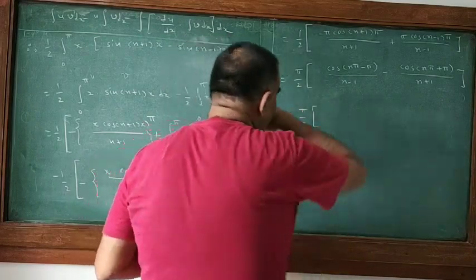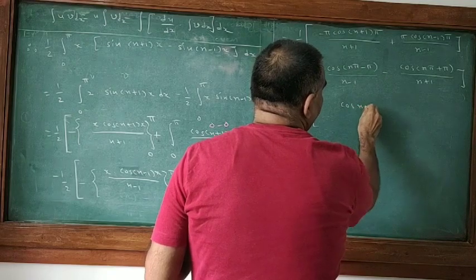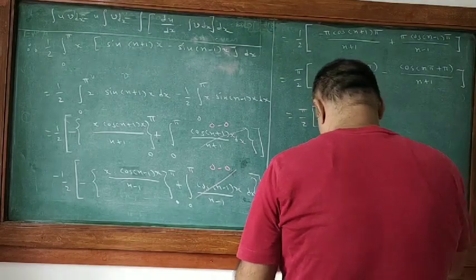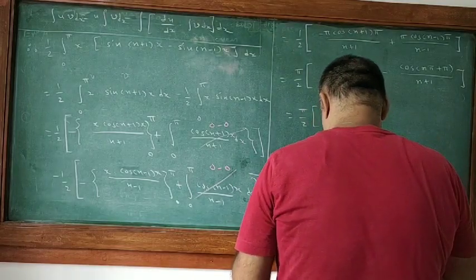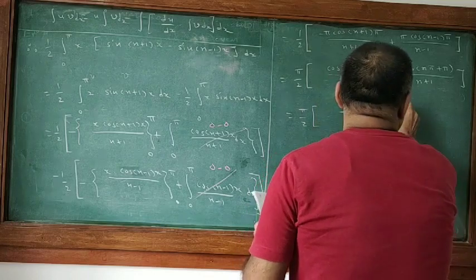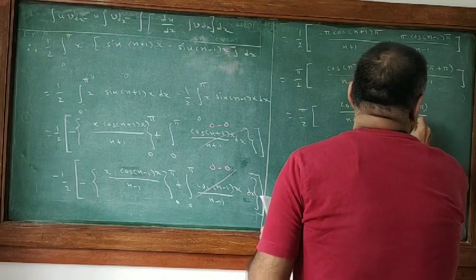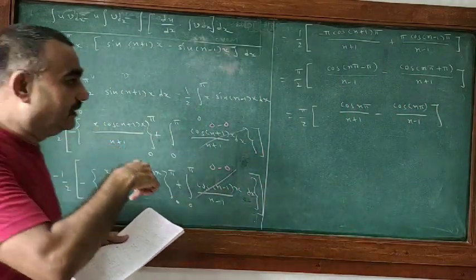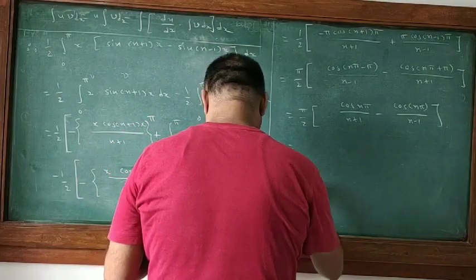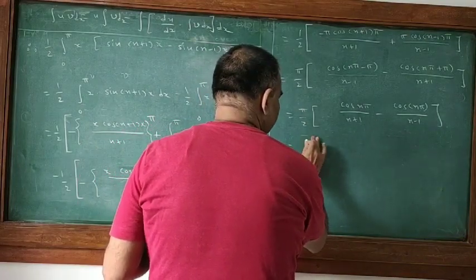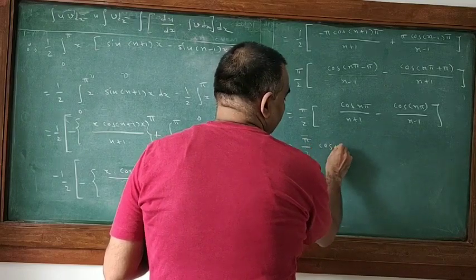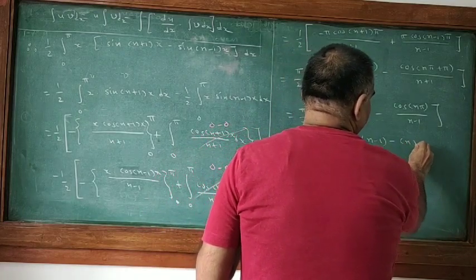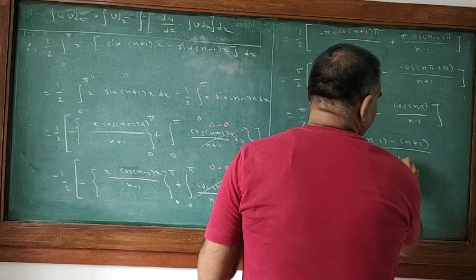So it is pi by 2, cos n pi upon n plus 1, minus cos n pi upon n minus 1. So this is equal to pi by 2 cos n pi, (n minus 1 minus n plus 1) upon n square minus 1.